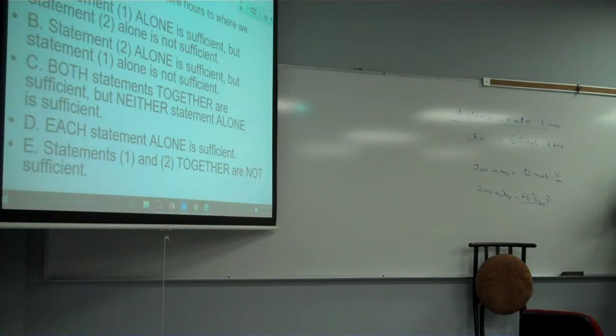But do we have everything we need with just 1 by itself? With just 2 by itself? If either one by itself is enough, that'd be D. If only 1 does it, but 2 doesn't, then it's A. And that was the case here. 2 wasn't enough to tell us how far we traveled.